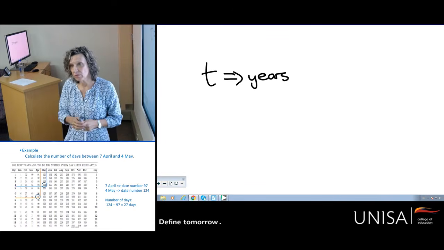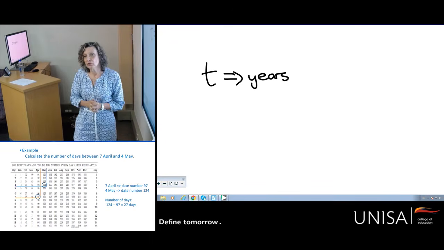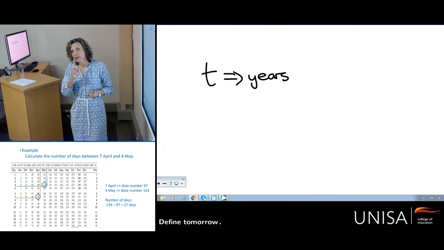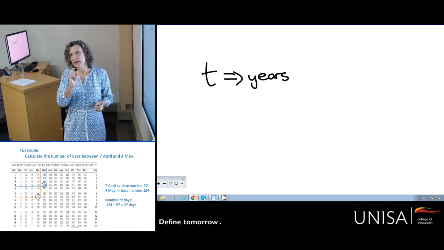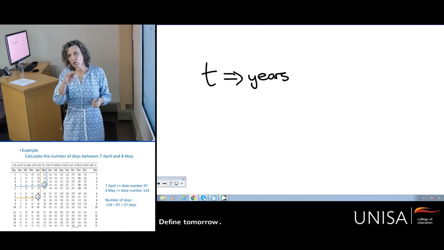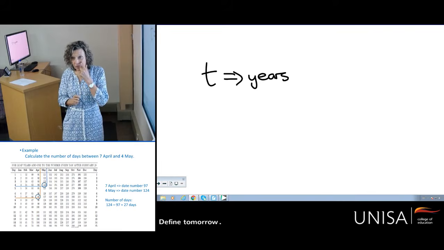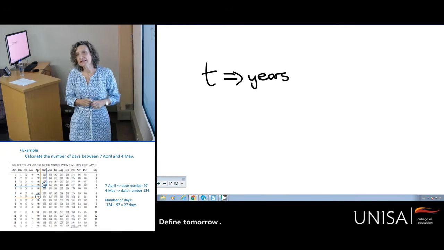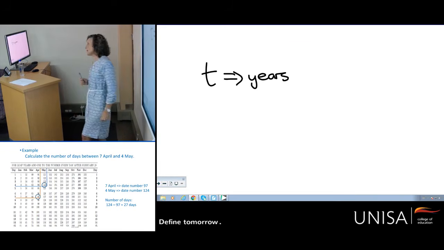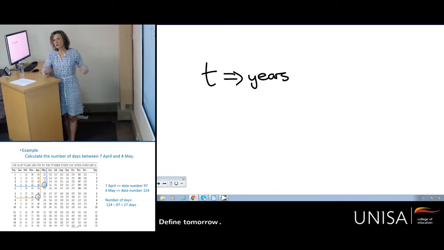Now, if, for instance, I want to calculate the number of days between the 7th of April and the 4th of May, all you need to do is first look at the 7th of April. If you go across with the orange line and down from April, you will get the 7th of April is date number 97 in a total number of 365. So it's the 97th day of the year, if we can call it that.